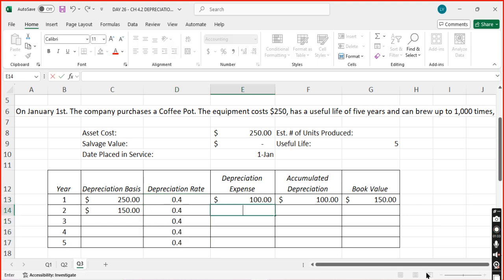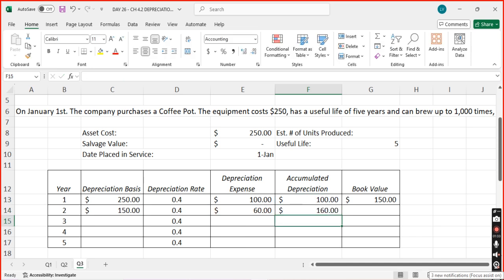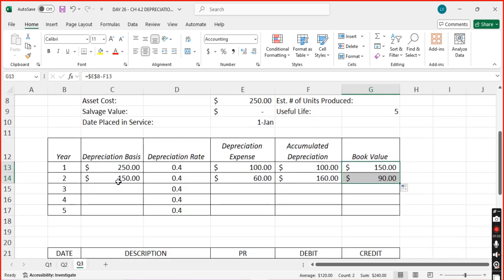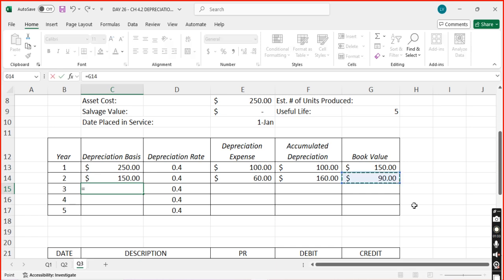So what is my depreciation expense going to be for the second year? 60, which will give you your accumulated of 160, and your ending book value is going to be 90. Good.